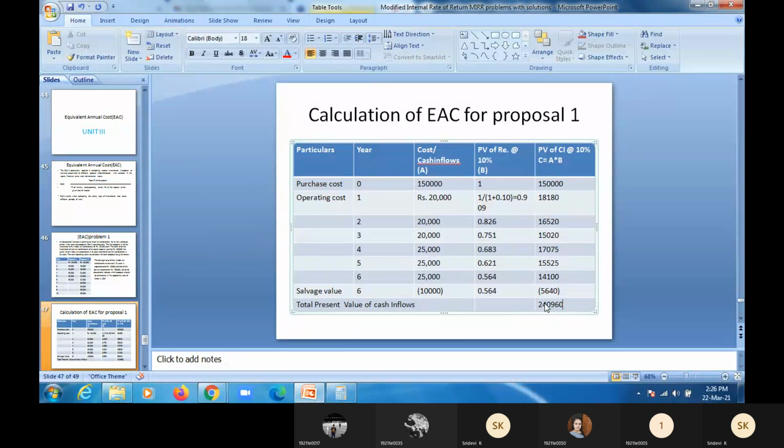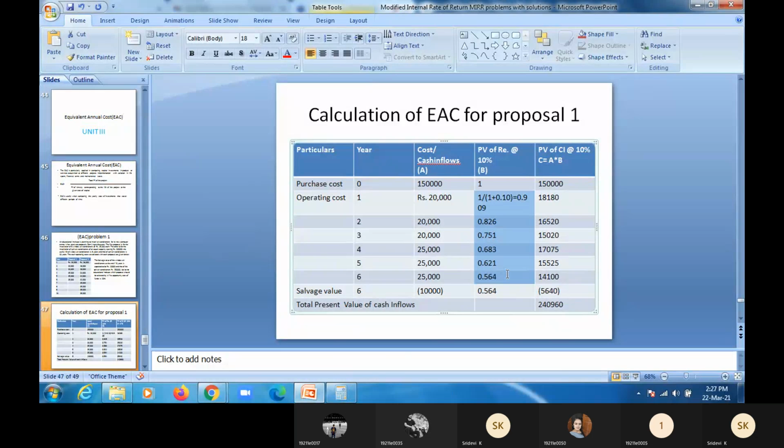Okay. And sum up this column of present value of rupee, starting from the first year to the sixth year, which I have highlighted. 0.909 plus 0.826, 0.751, all these values up to the sixth year value 0.564.